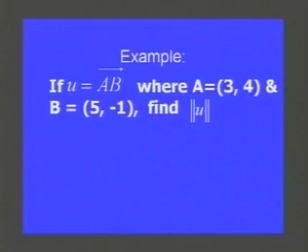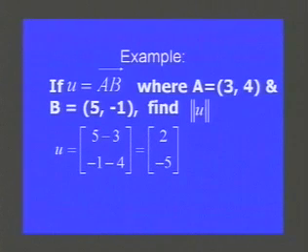For example, if u is AB, where A is the point (3, 4) and B is the point (5, -1), I want to find the length of u. First of all, I probably ought to go ahead and find the algebraic vector AB. So I'd do 5 minus 3 and get 2, and then -1 minus 4 and get -5. So my algebraic vector is (2, -5).